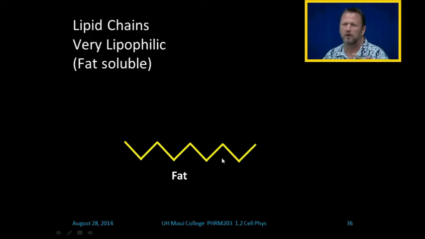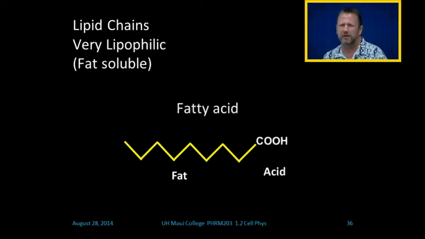And so I showed you a lipid chain. Okay. There we go. And there's that carboxylic acid. I showed you the carboxylic acid on an amino acid, and we can put it on a fat chain and end up with a fatty acid. And that's where fatty acids come from, putting acid groups on the end of fat chains.